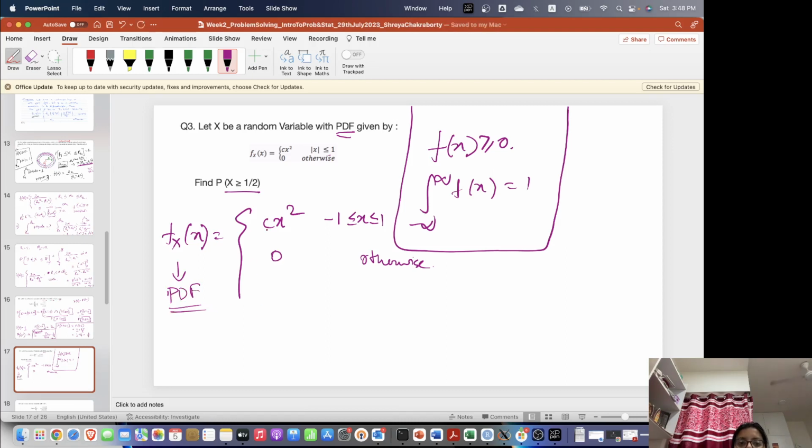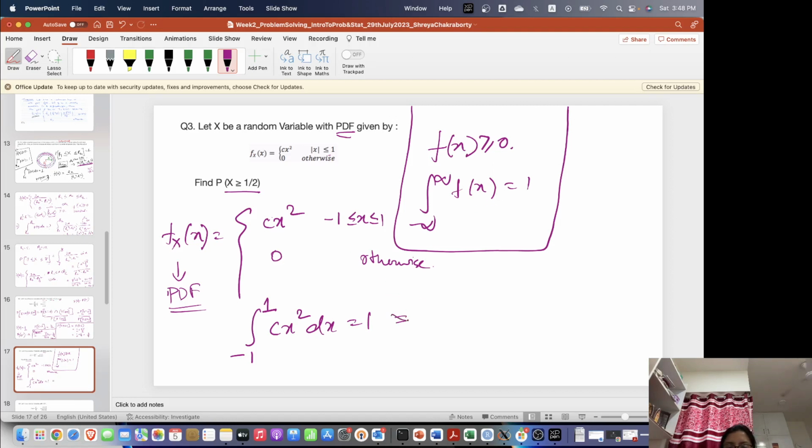Now to find the value of C, everywhere else the PDF is 0, so integrating over 0 will be 0. Only here we have something. So minus 1 to 1, cx square dx should be equal to 1, because over the entire range of minus infinity to infinity, everywhere other than minus 1 to 1, f of x is 0. So that will not have any contribution.